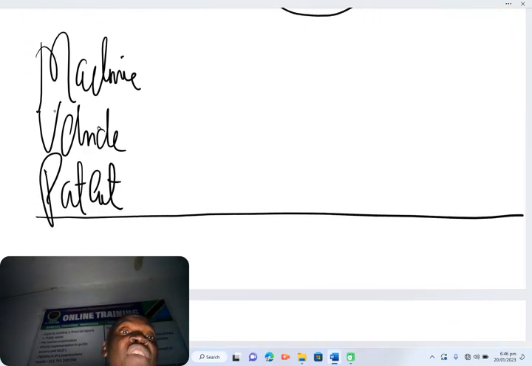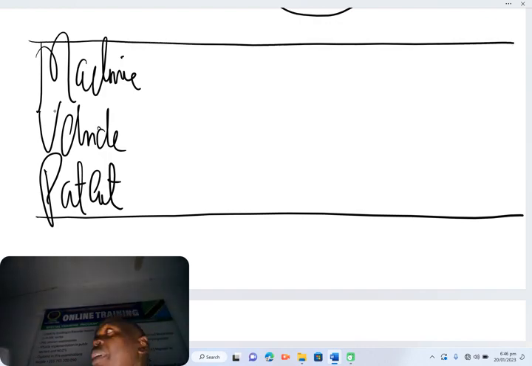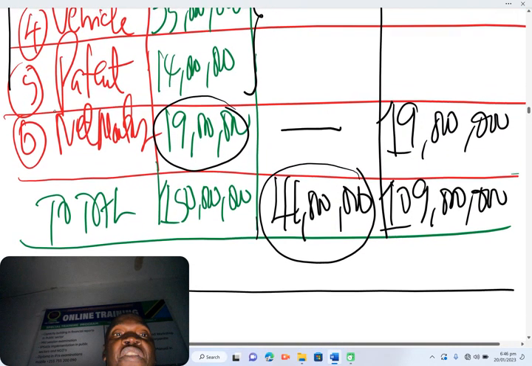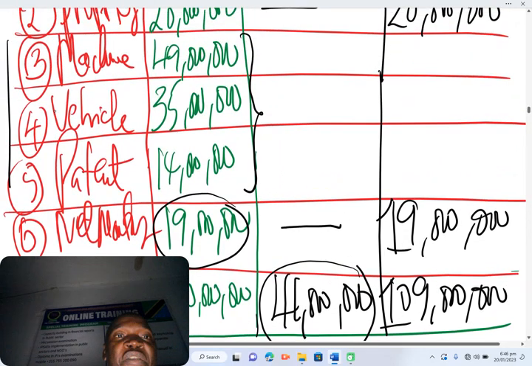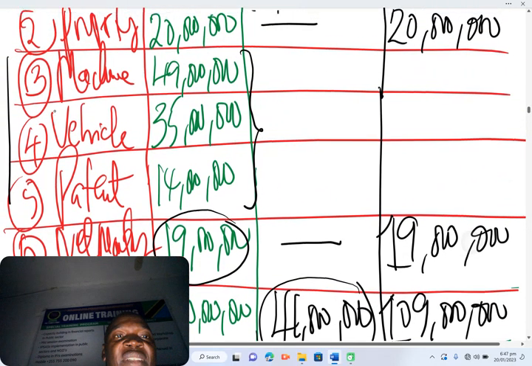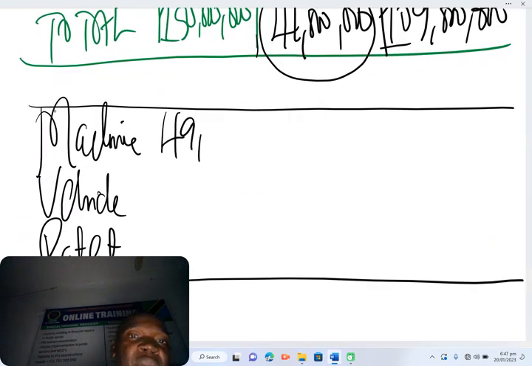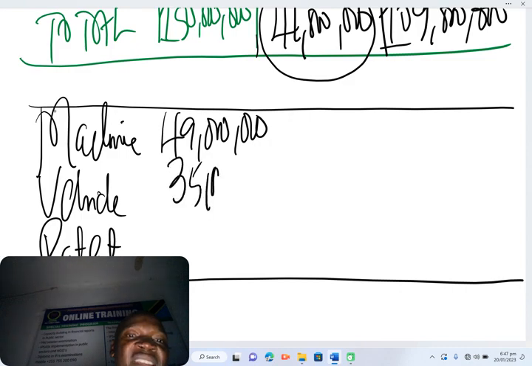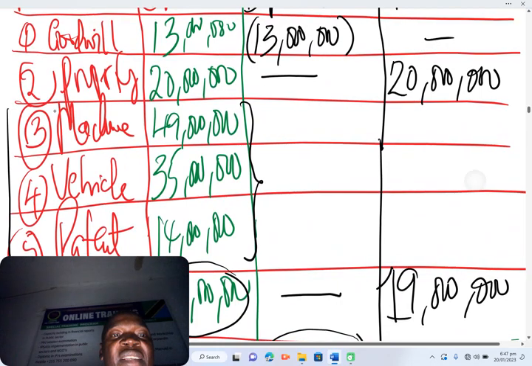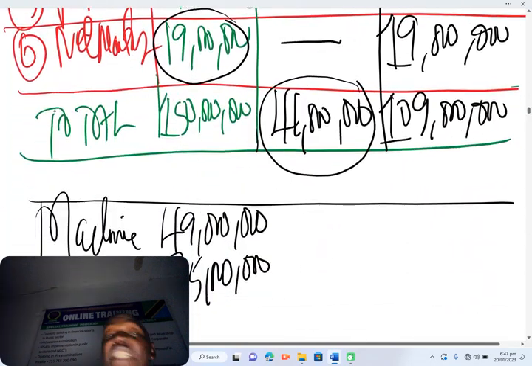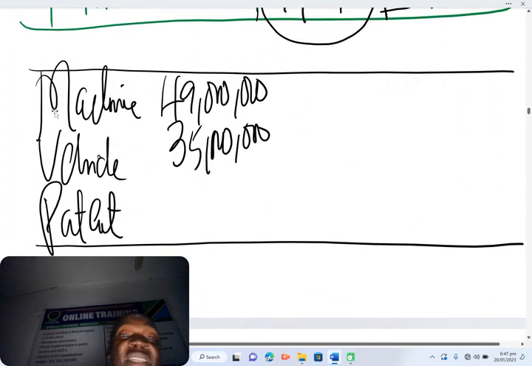Now the carrying amount of the vehicle is how much? The carrying amount of the vehicle itself is 35. So the machine is 49, and the vehicle is 35, and the patent is 14.